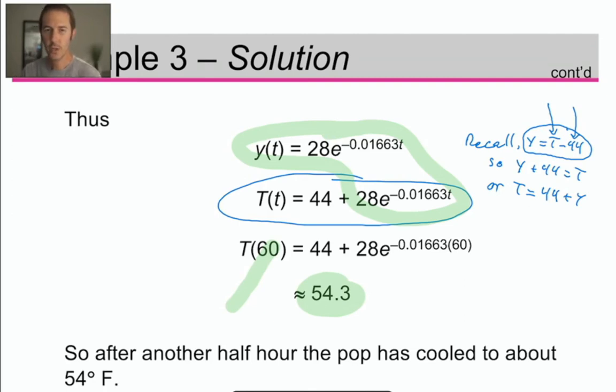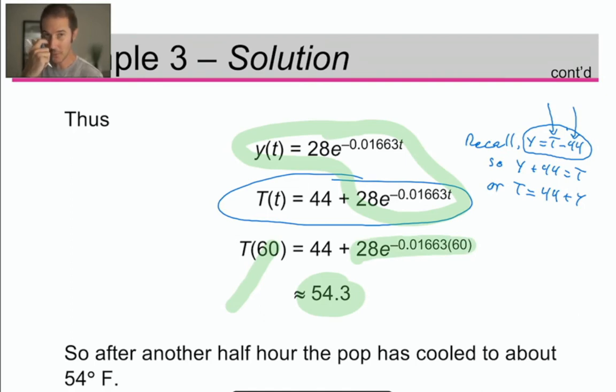Now, are you nervous at all about the 54.3? Is the 54.3 the difference between the soda and the ambient temperature in the refrigerator? It's not. This is the difference between the ambient temperature in the refrigerator and the bottle of soda.